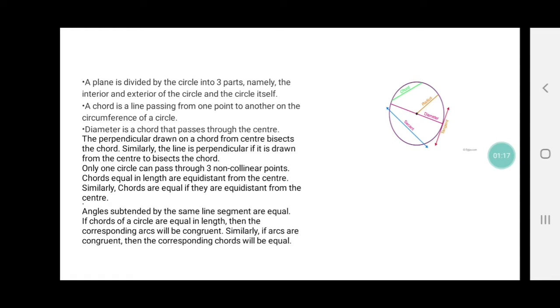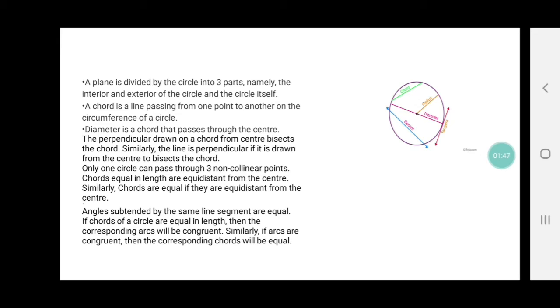It is the largest chord of the circle. A perpendicular drawn on the chord from the center bisects the chord. Similarly, the line is perpendicular if it is drawn from the center to bisect the chord. Only one circle can pass through three non-collinear points. Chords equal in length are equidistant from the center.